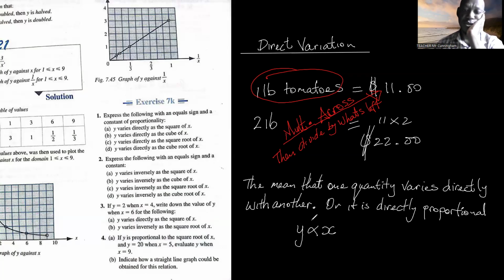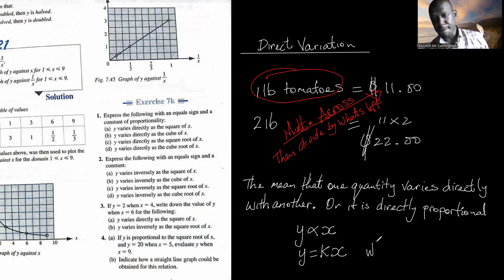Right. So another way to write this is to say that y is equal to k times x, where k is a constant. What does a constant mean?